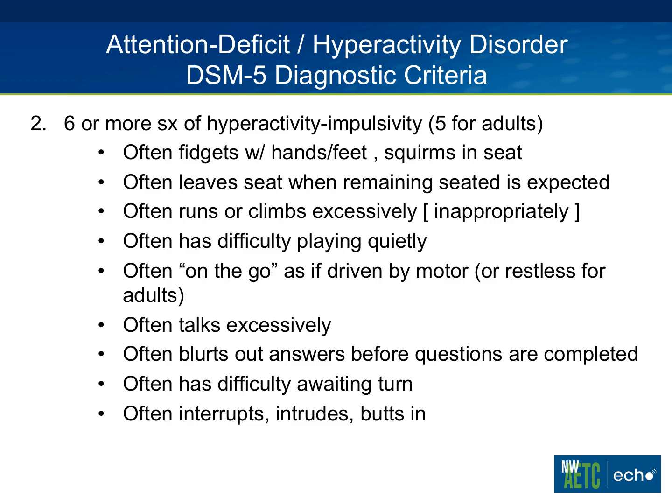The symptoms of hyperactivity or impulsivity, you have to have 6 or more symptoms of that, and 5 or more symptoms for adults. That includes fidgeting with hands and feet, leaving the seat when they're supposed to stay seated, running, climbing excessively, difficulty playing quietly, often on the go, talking excessively, blurting out answers, difficulty awaiting turn, and often interrupting, intruding, and things like that.